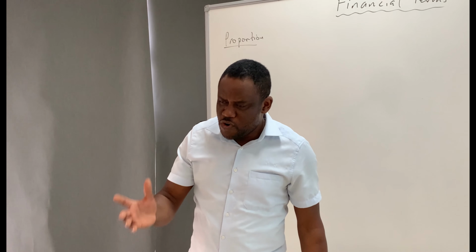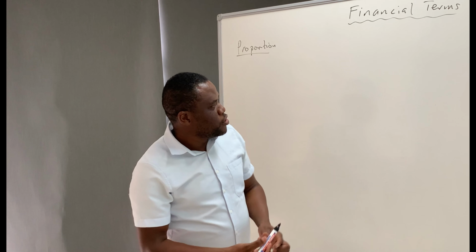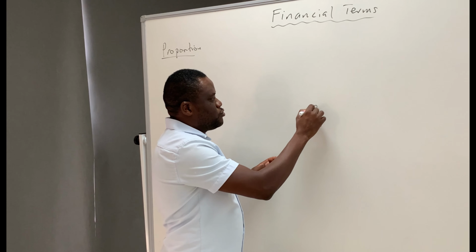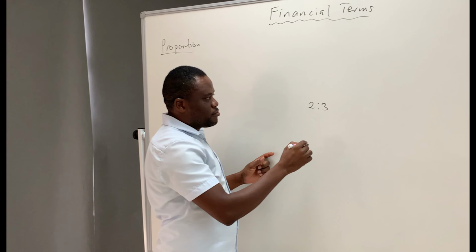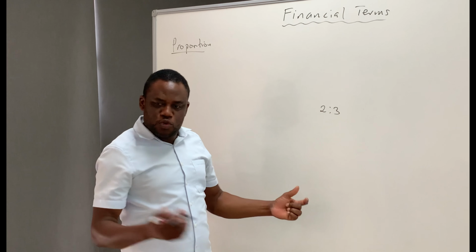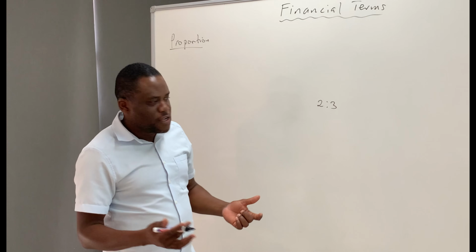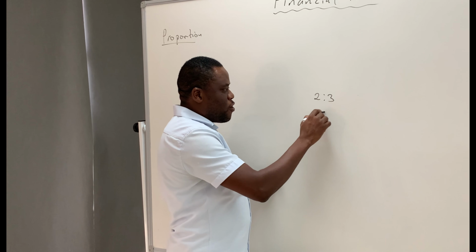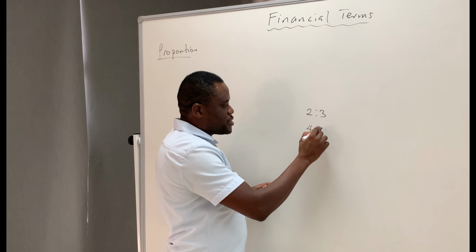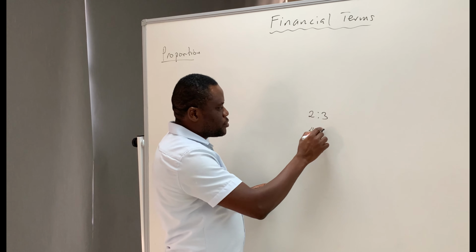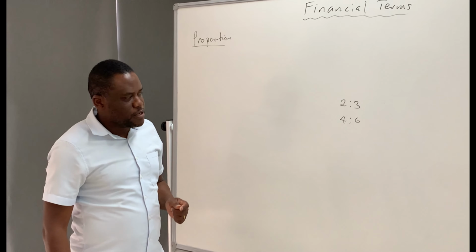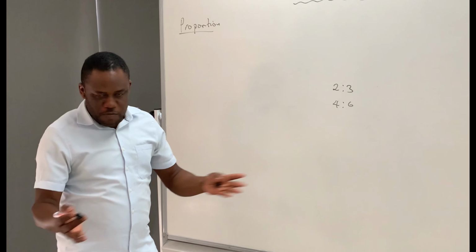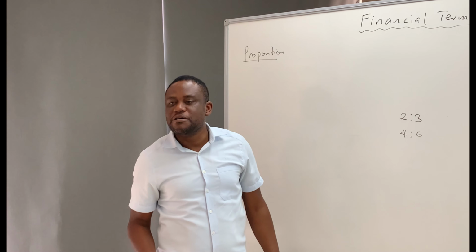What does it mean? We know ratio, right? Ratio, if you say 2:3. Now, proportion takes 2 ratios or more together. So if you say 2:3, and you said 4:6, for example.